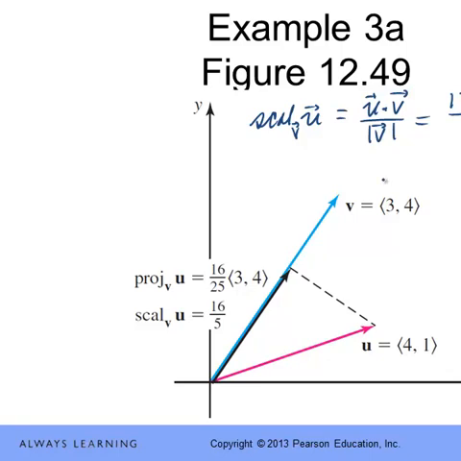And then the projection of u onto v could be written as 16/5 times v divided by the magnitude of v. So v, of course, is (3, 4), divided by magnitude v, which is 5.